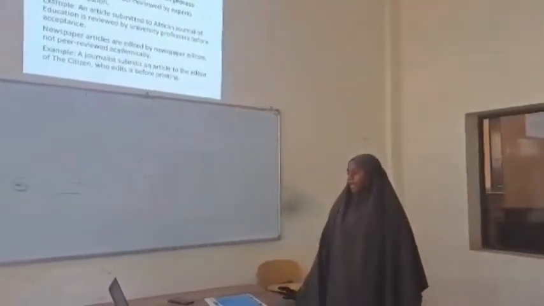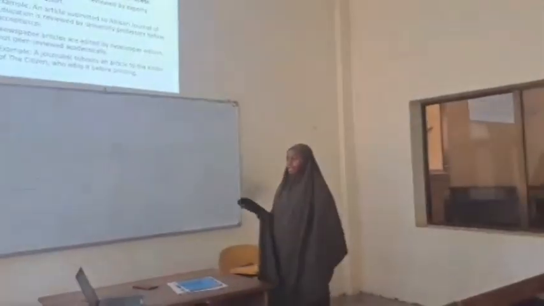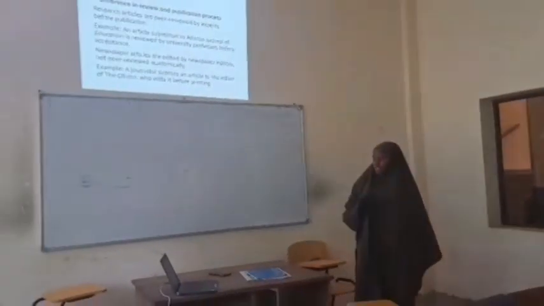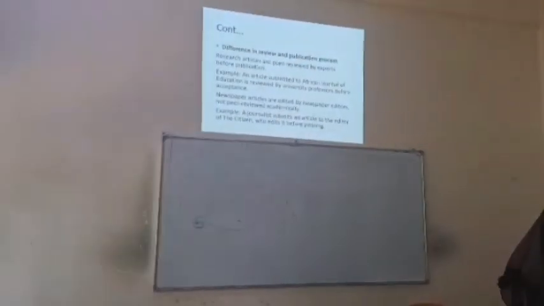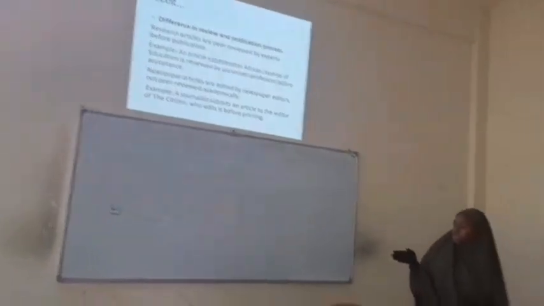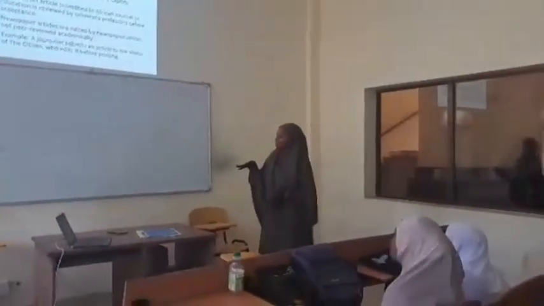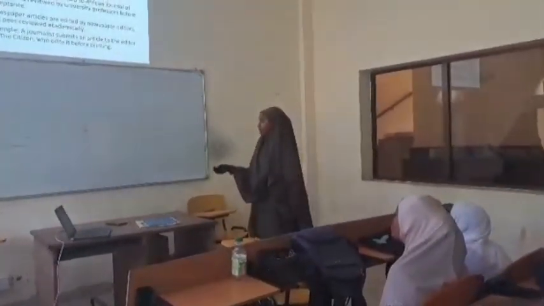Example, in a newspaper article, a journalist submits an article to the editor of The Citizen who edits it before printing. In a research article, the university professor or teacher reviews the research so as to publish it.